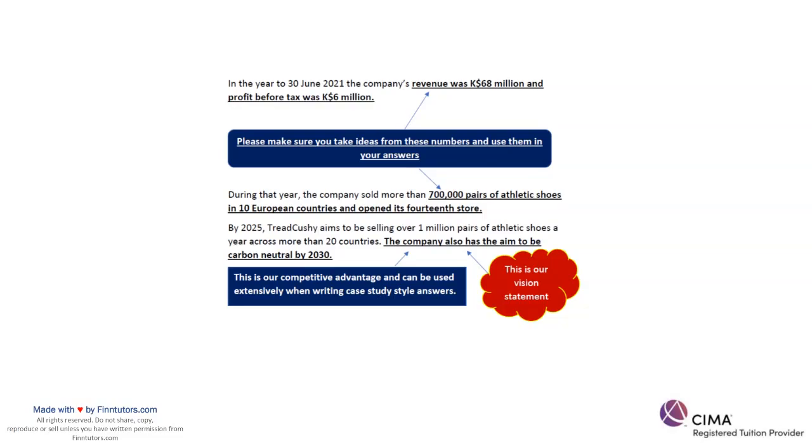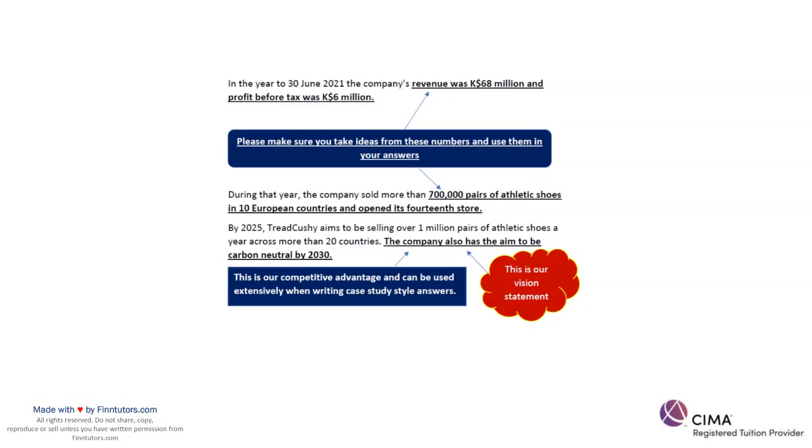The examiner understands that, okay, this person knows the pre-seen, analyzed the pre-seen, and that is the entire theme of the exam. In the exam, what they're asking you to do is play a role as a finance officer in the company TreadCushy.